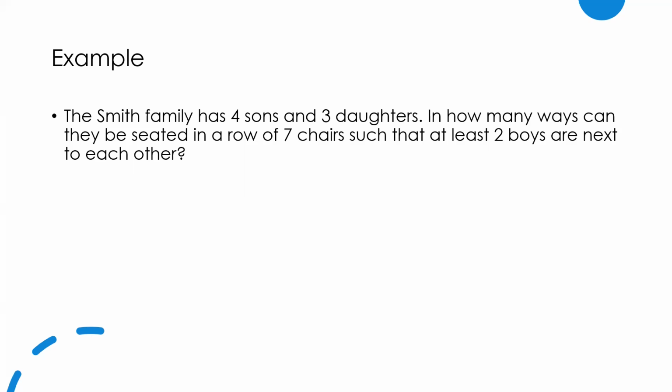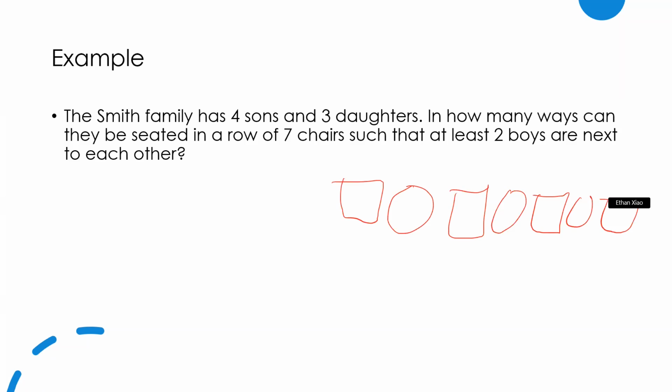So we have a son, I'll draw it as a square, and a daughter as a circle. Now this is what we don't want to count since none of the boys are next to each other. So now we need to find the number of possibilities where the arrangement is like this.